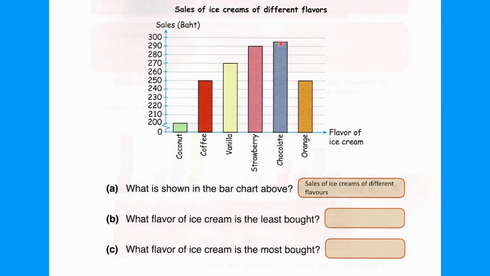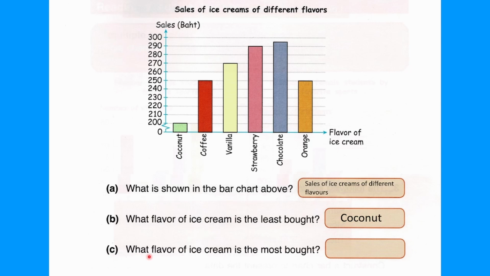So this will be 295. The next one is 290, 270, 250 for coffee and for orange. And the smallest bar, the least amount in baht, is 200 for coconut. So B, the answer is coconut.